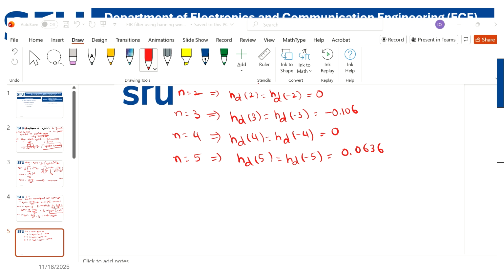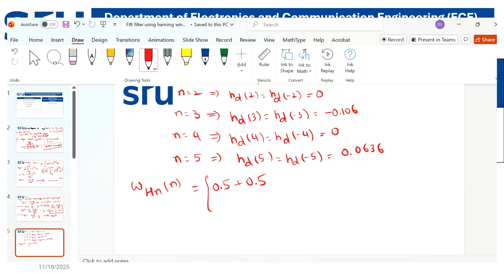Then using Hanning window. So the Hanning window formula is, now we are finding out the Hanning window also. So Hanning window formula is omega hn of n is equal to 0.5 plus 0.5 cos of 2 pi n divided by n minus 1, for n value between minus (n minus 1) by 2 to (n minus 1) by 2, and 0 otherwise.